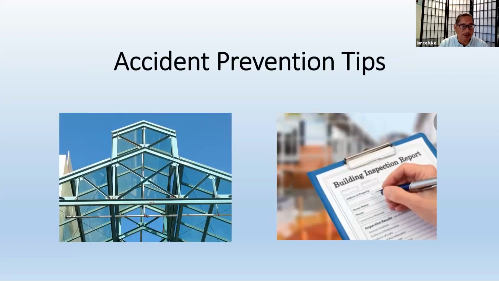Accident prevention tips. Well, here's something. If you look at the photo on the left, it's actually a steel structure that's corroding. And this structure is probably 40, 50 feet high.